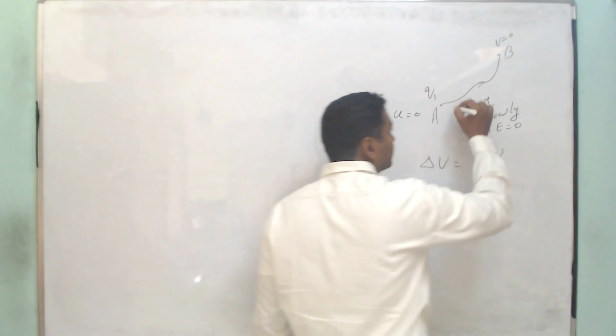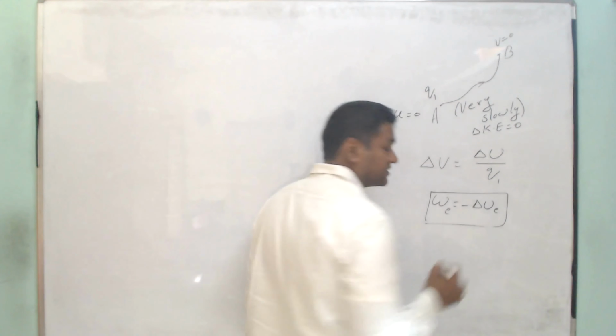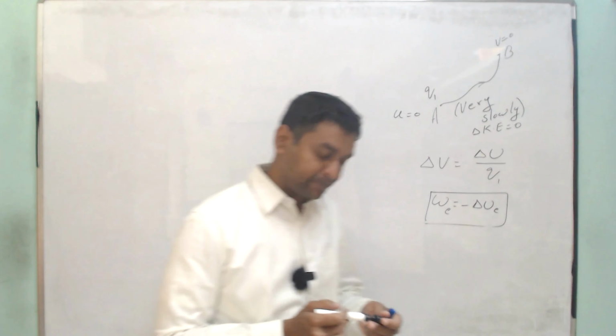By the external agent? No. We discussed one lecture specially on this, and it is a very important concept. I told you that work done equals change in potential energy when there are no changes in other energies, and the negative of change in potential energy comes when we are talking of the same source.